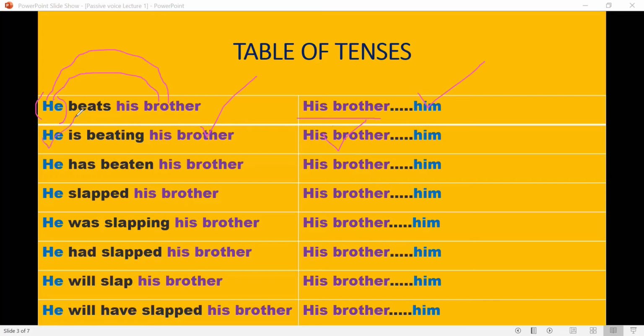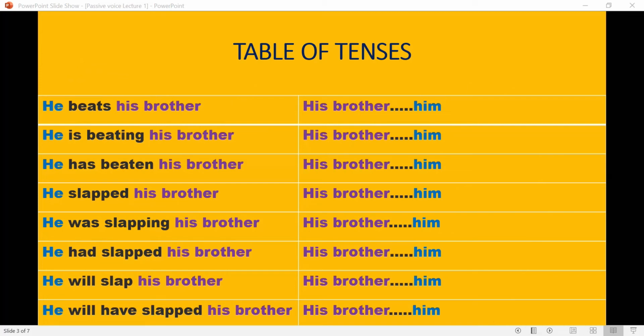Subject of the active voice becomes the object of the passive voice. The same construction is used in every tense in passive voice: conversion of subject into object and object into subject. In every tense we have used the same construction.